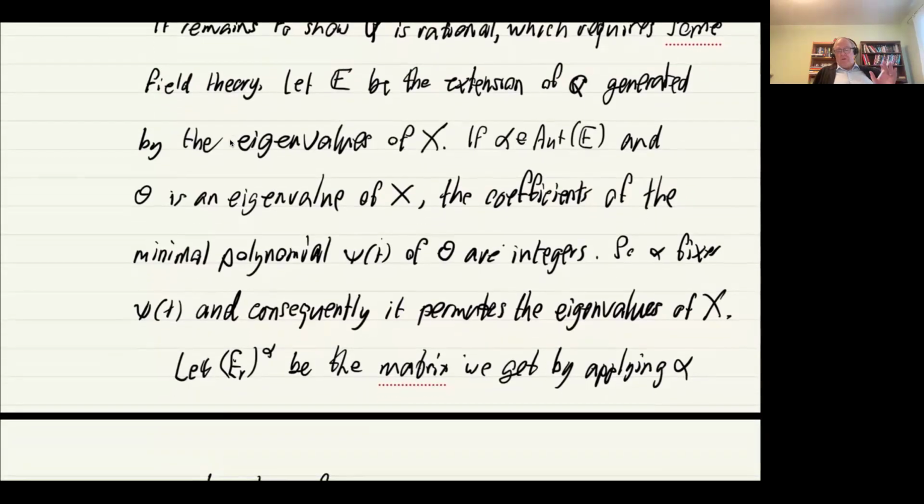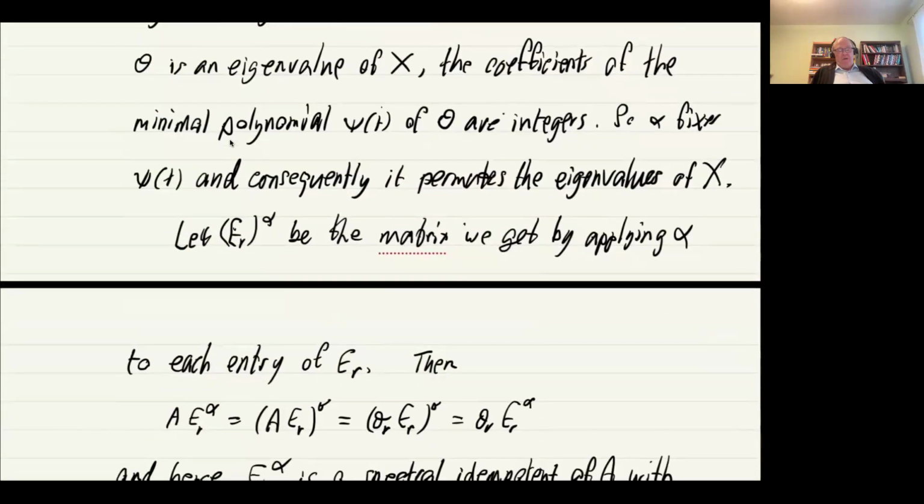Now, so we have alpha. It's permuting the eigenvalues of our graph, and we can apply it to the spectral idempotents just by applying it entrywise. And I get a matrix which I'll call E_r to the alpha.